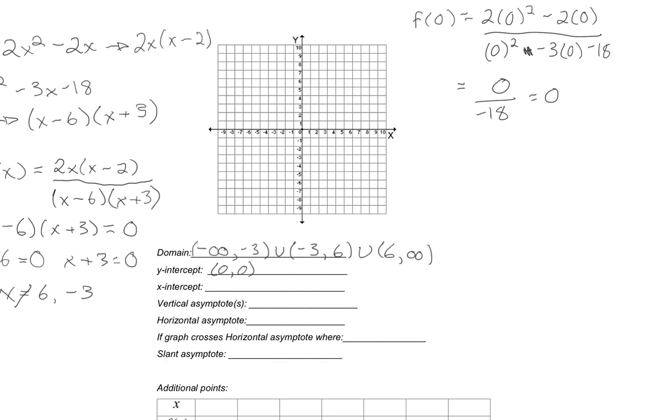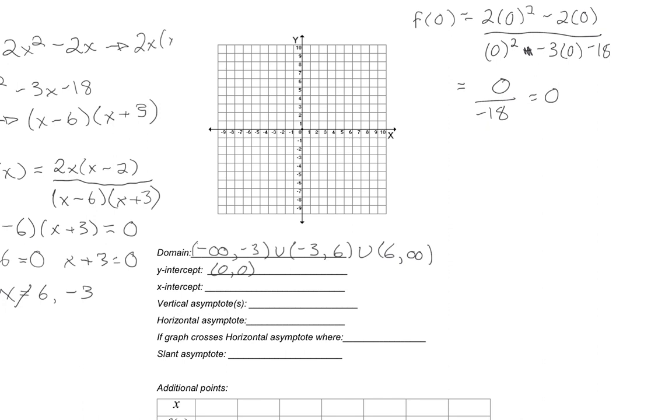Okay. Next, for our x-intercept, I just caught a mistake from earlier. So I'm going to go back to where I was doing this factoring work, where I turned 2x squared minus 2x into 2x times x minus 2.